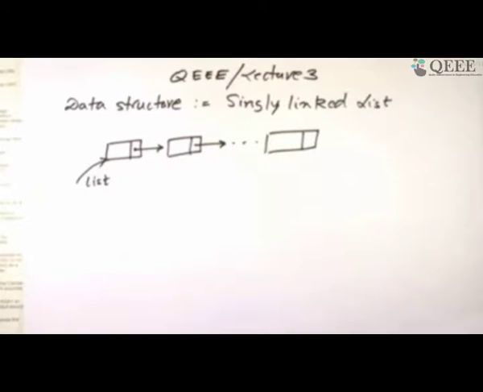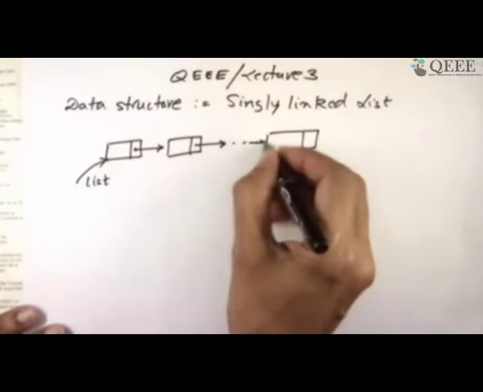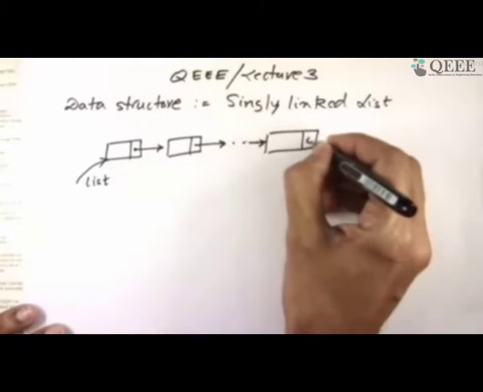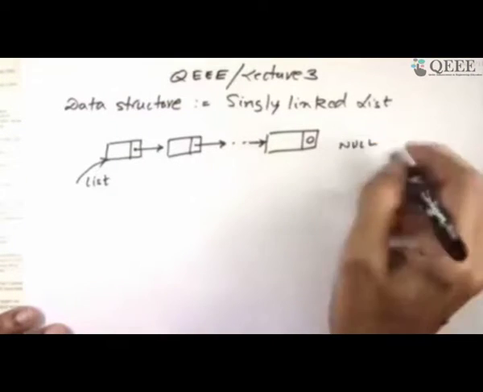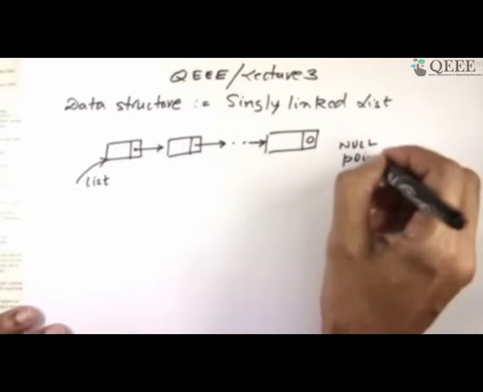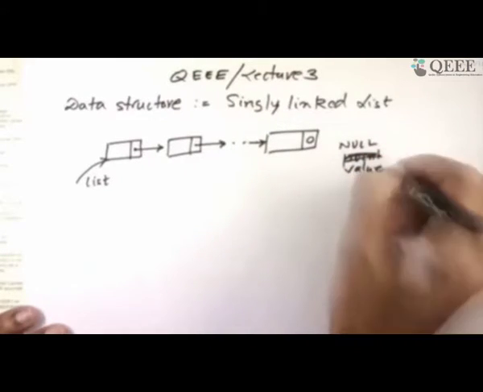My representation has been connected boxes, each box connected to the next, and the last box has 0, which is also known as a null pointer, which means 0 address. This pointer value is null.